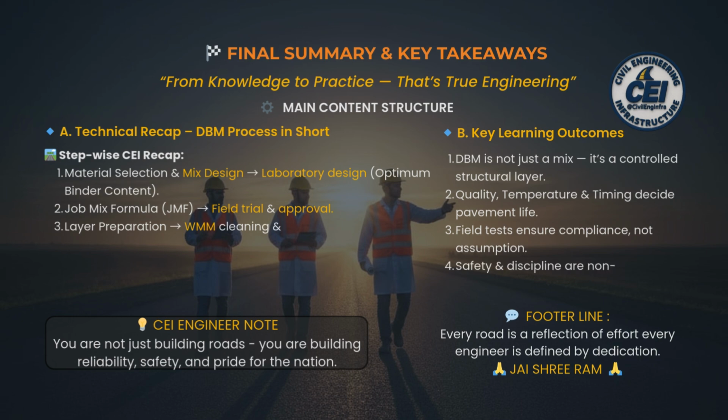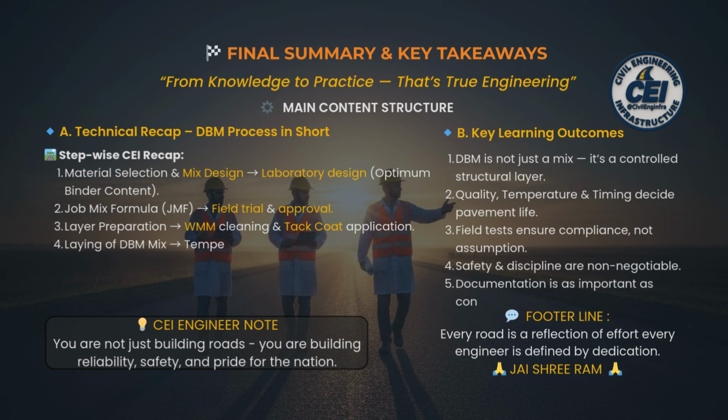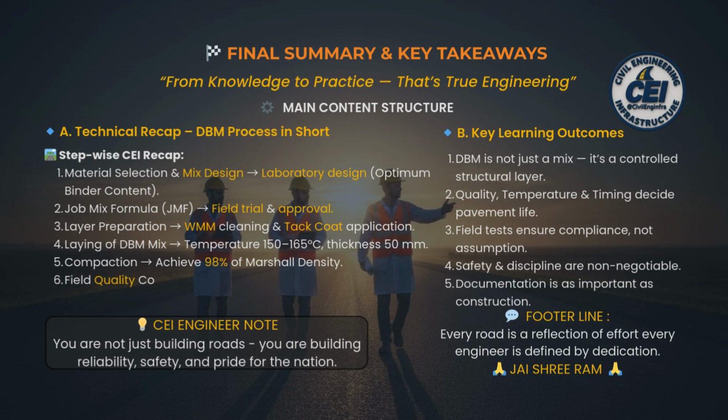Key recap: layer preparation, cleaning and tack coat. 4. Key recap: laying, temperature 150-165 degrees C, thickness 50 mm. 5. Key recap: compaction, achieve 98% Marshall density. 6. Key recap: field control, temperature, density, binder. 7. Key recap: documentation and safety, discipline of a true engineer.